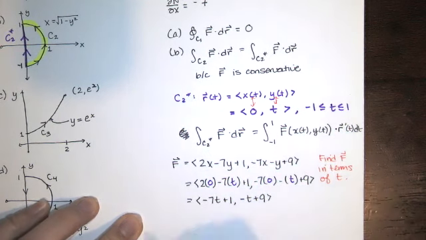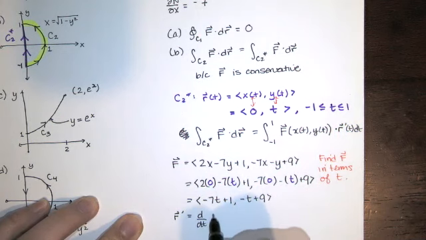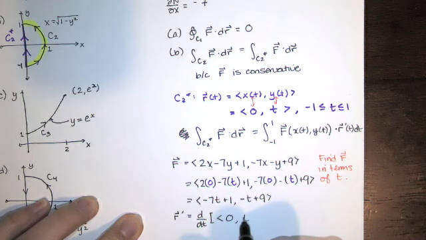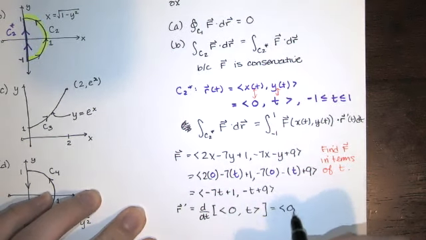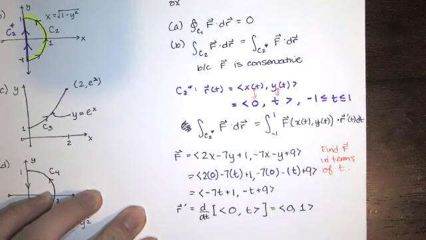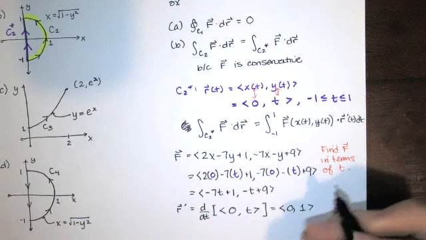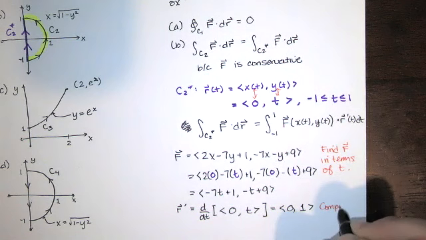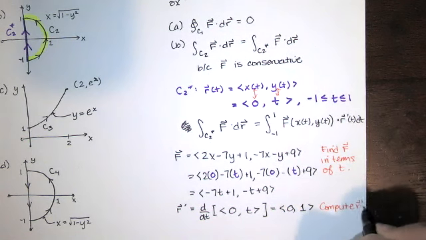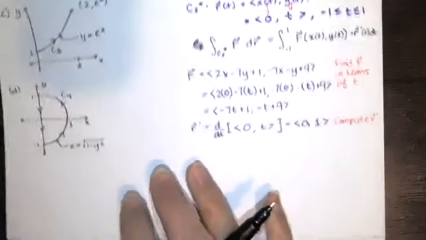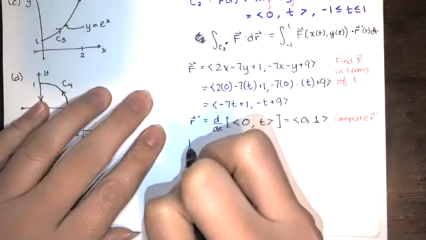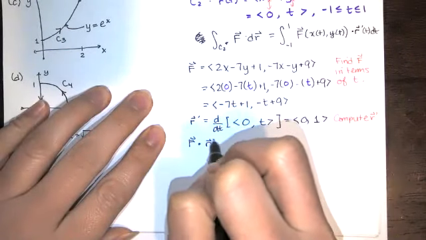So now we need to compute r prime. It's the derivative with respect to t of this vector. That's easy enough. Derivative of 0 is 0. Derivative of t is just 1. And then once you have computed r prime, you just take the dot product of those two guys. We have f dotted with r prime.